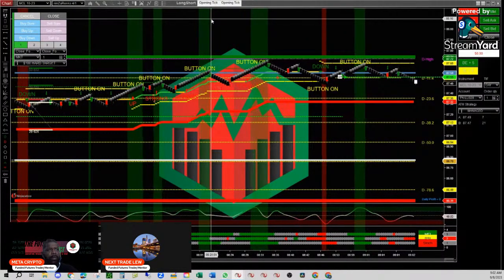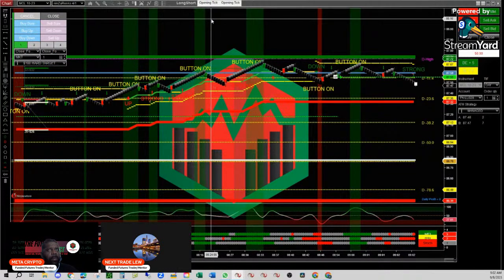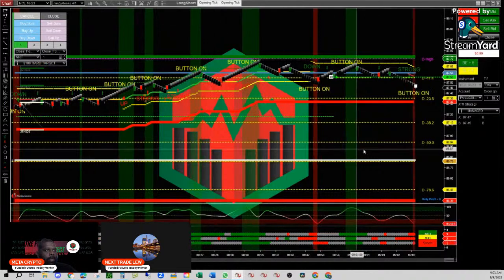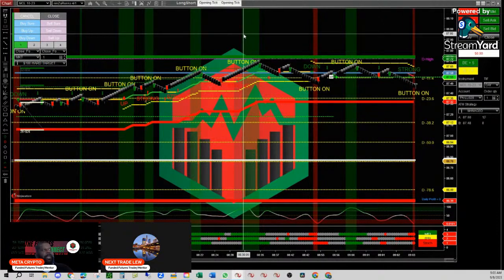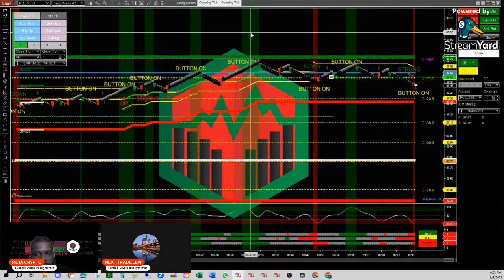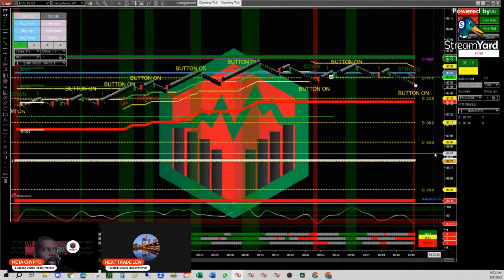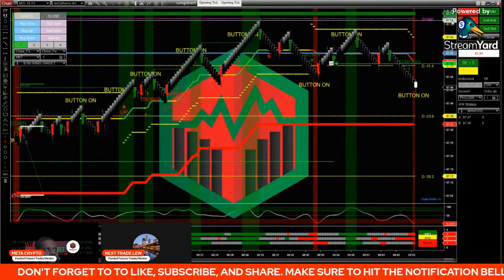Typically, when the market opens, what we look to do is try to close the gap. When I say close the gap, that means this price right here is the price where it closed yesterday. Typically, there are people who look to get the price back down to this area. That's why this is the futures market. We buy and sell contracts of future prices of these indices and energies and commodities and stuff like that, which allows us to trade 23 hours a day.